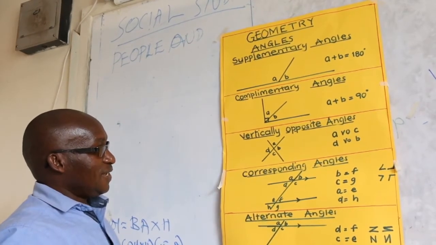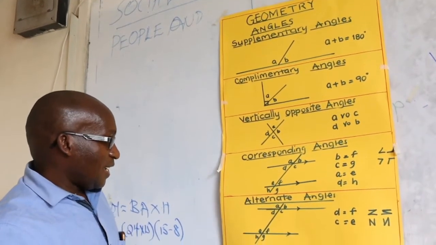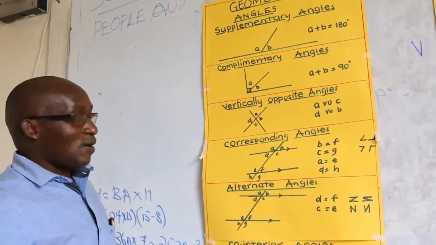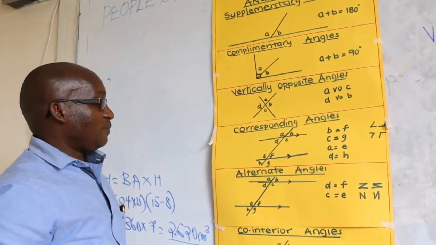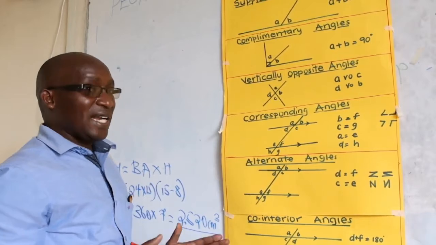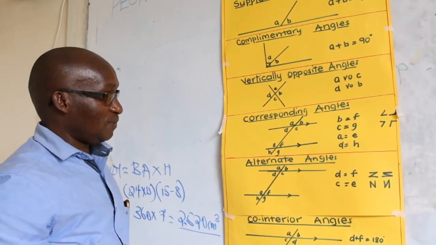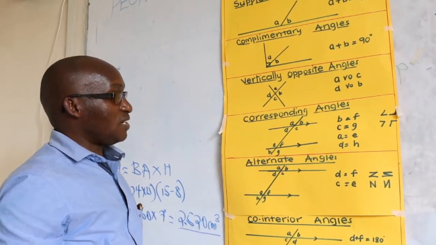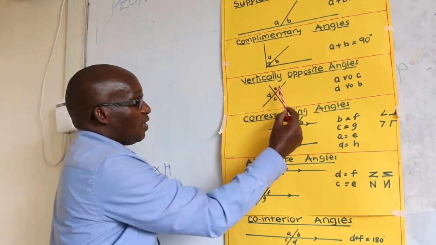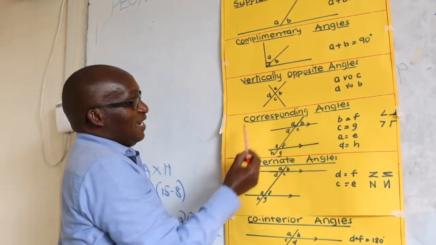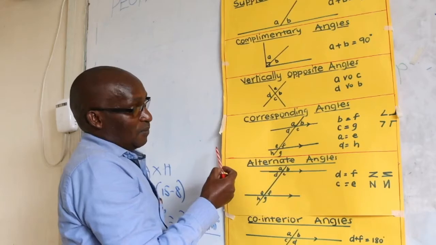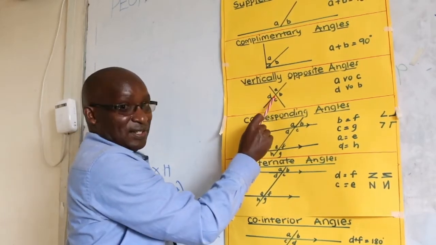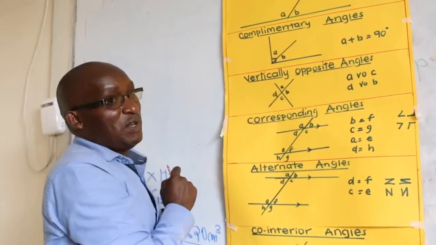Number 3, we have got vertically opposite angles. These are angles that are opposite each other at the point of intersection of two straight lines. For instance, this line intersects with this line here. At this point of intersection, there are 4 angles that have been formed.